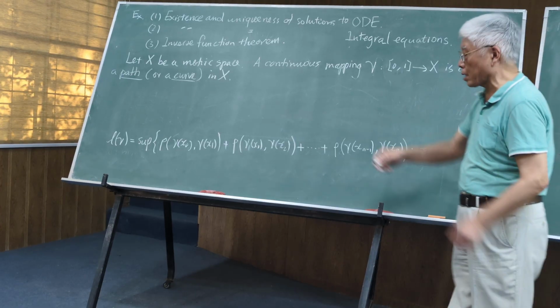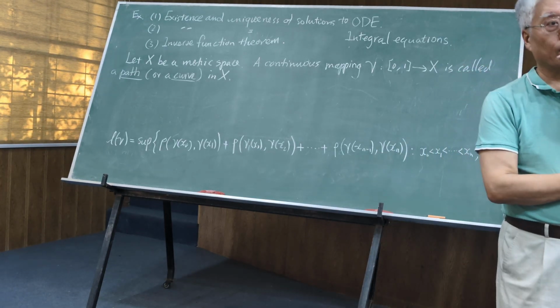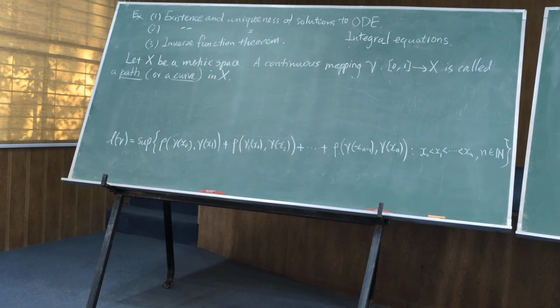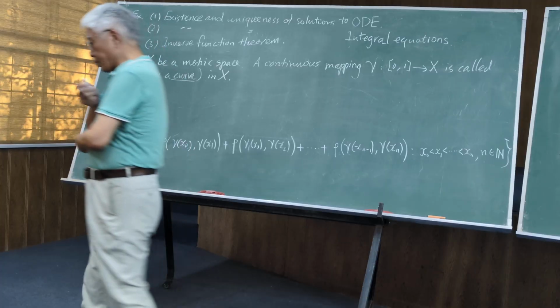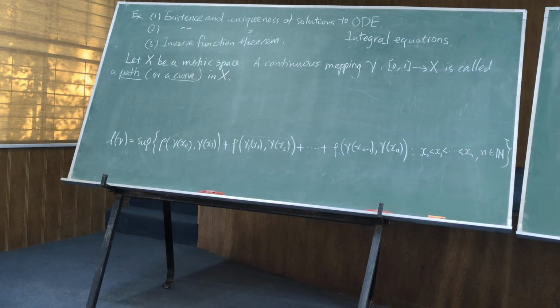This sum is the sum of non-negative real numbers, which may not be bounded above. If it is bounded above, by the completeness axiom of the real numbers, this supremum exists. If it is not bounded above, then this one is undefined. It's L gamma. If it is defined, then we call it rectifiable.